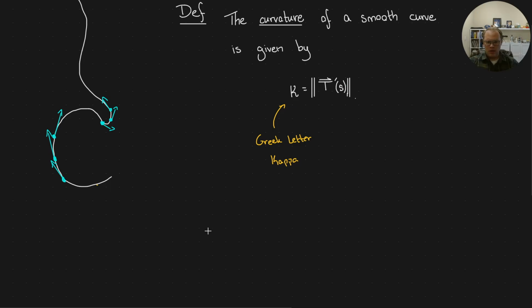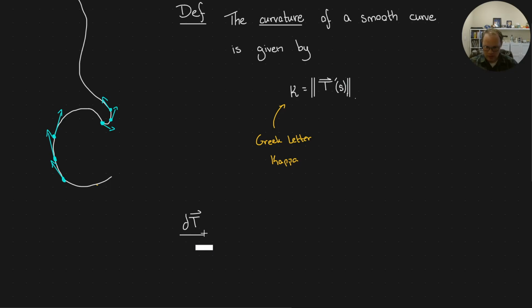Well, there's a key observation here: if you take the derivative of the unit tangent vector with respect to t, you can break that into two derivatives using the chain rule. Actually, let me write this a little differently.